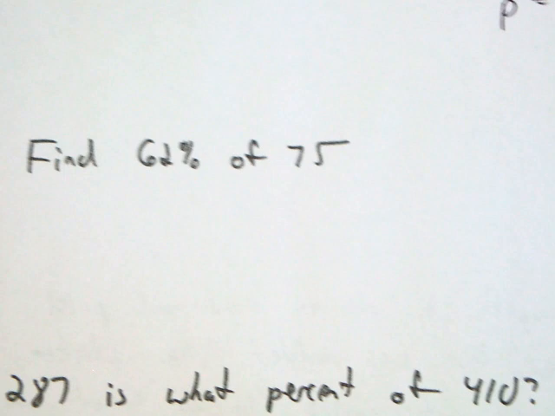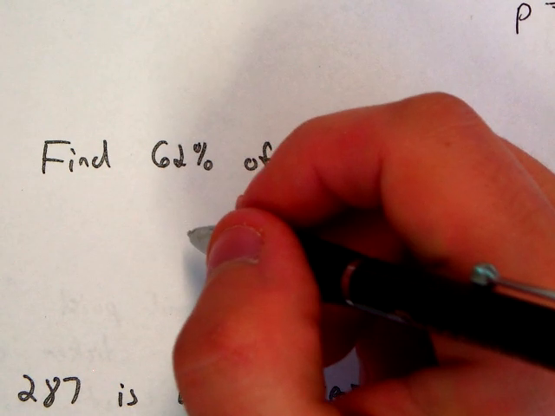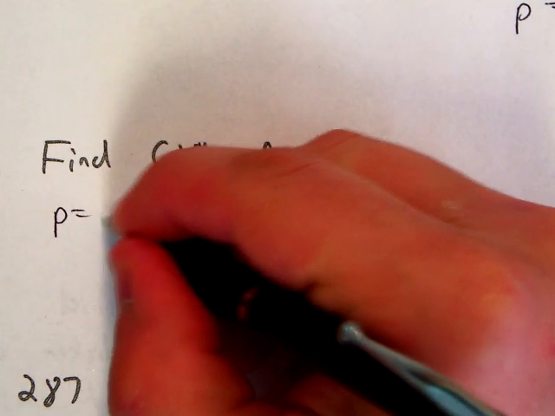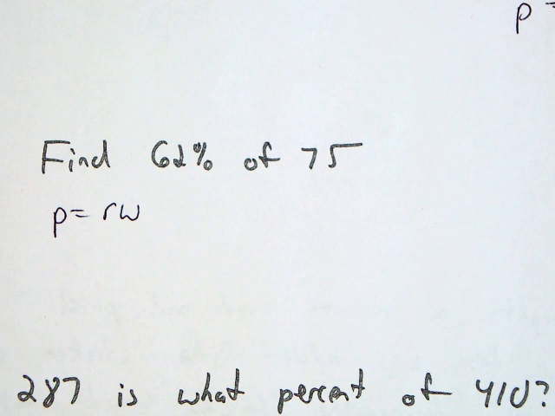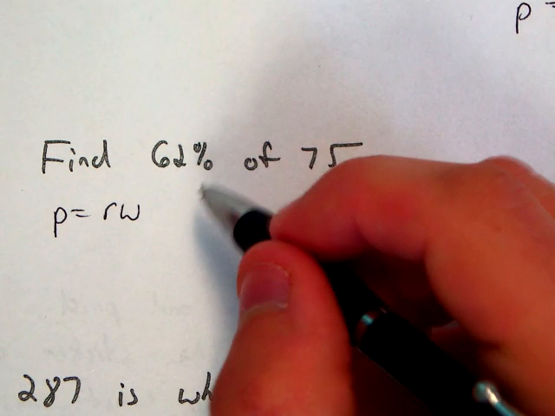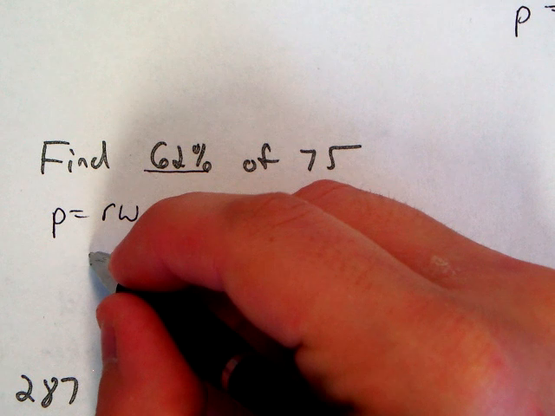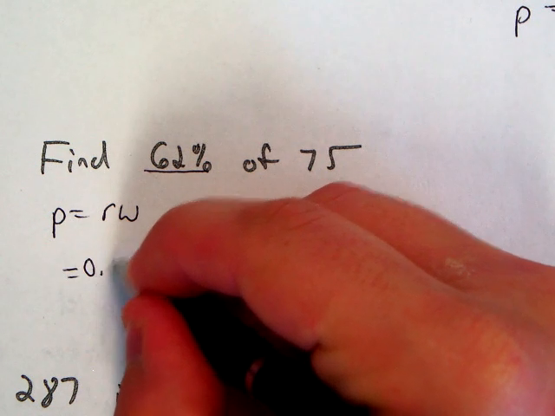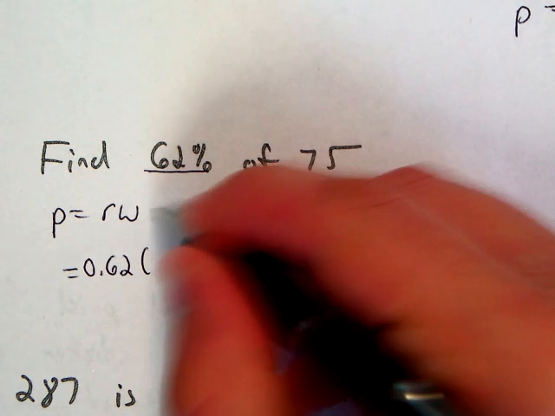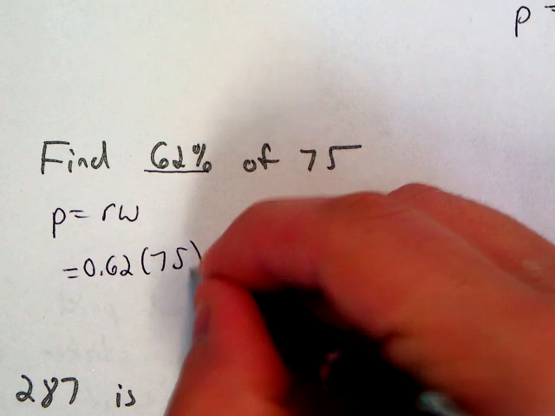So in example 1, it says find 62% of 75, which means I'm looking for the part. So P equals RW. Remember, R is the percent as a decimal, which means that I would have 0.62. And then the whole is 75.